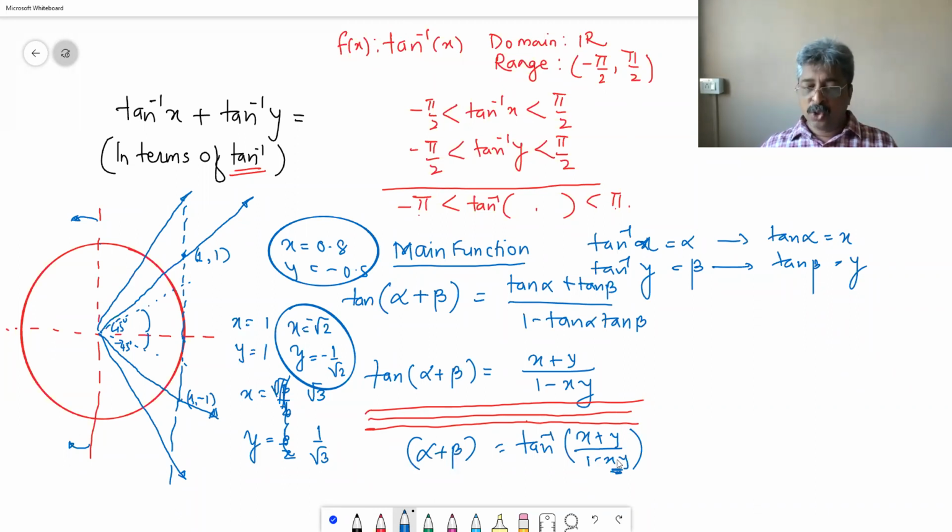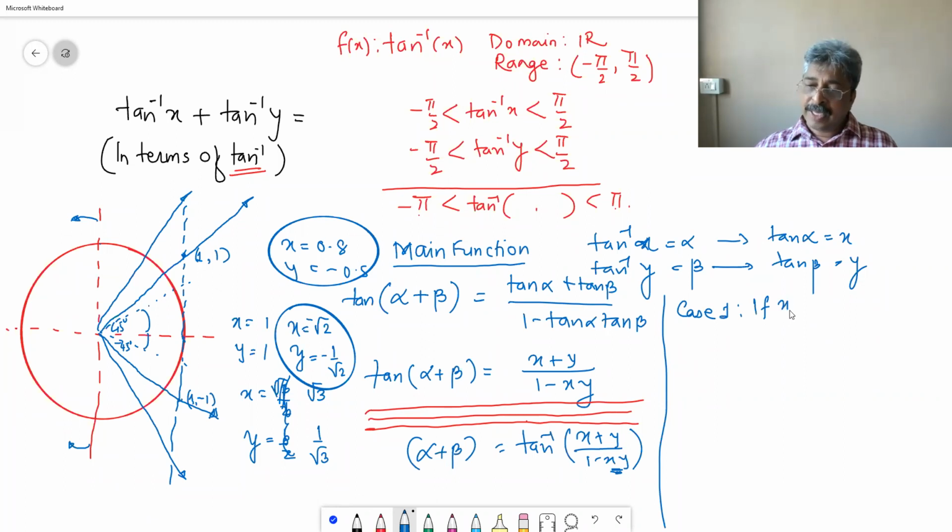Very simple. So when will it be plus 90? When this entire ratio, at least the numerator, is positive. When the numerator is positive, it will be plus 90. When the numerator is negative, it will be minus 90. Okay, therefore we have what? Case number 1.